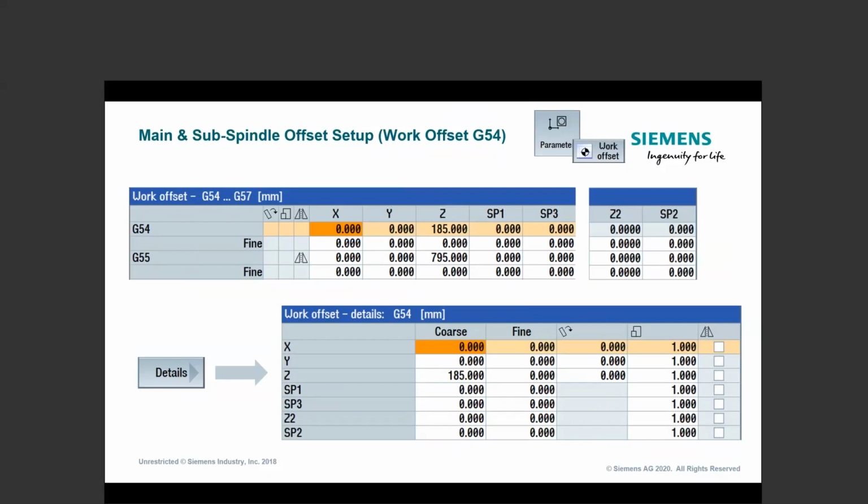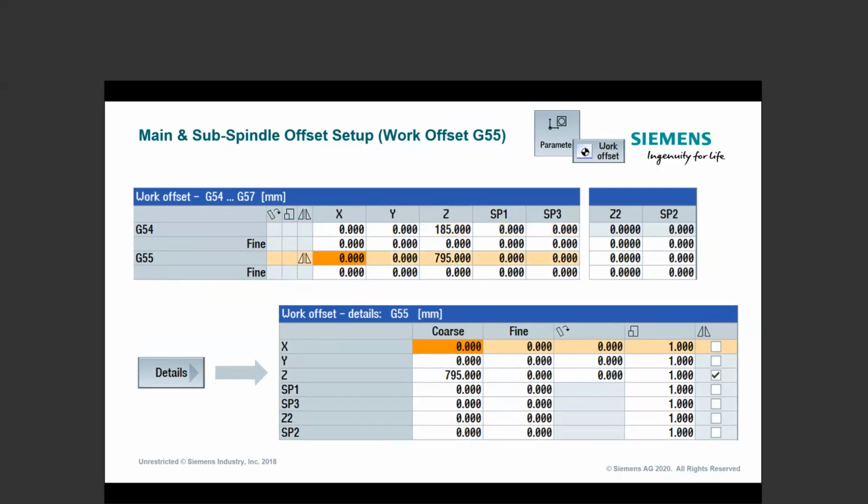So I'm not worried about plugging in any kind of offsets in my X or Y per se. But what I am going to do is have a Z offset in play. So remember from that earlier picture we looked at, that's going to be that distance from the spindle face or machine 0 out to the end of my part. So there's my positive.